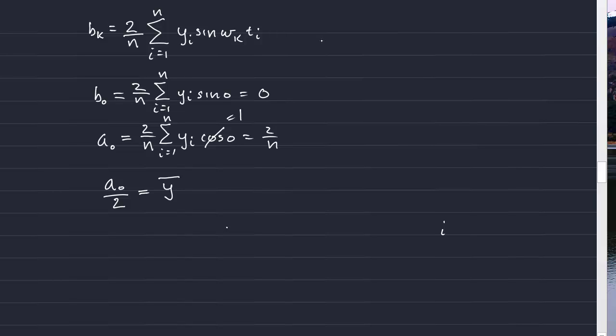And again, I'd like to remind you that the angular frequency of the kth harmonic, that's omega k, is equal to 2 pi over the period of that harmonic, and that's equal to the length of the whole record, which is n delta t, that's the whole record length, divided by k.